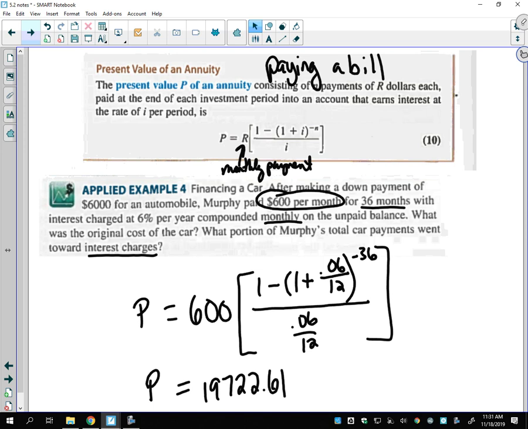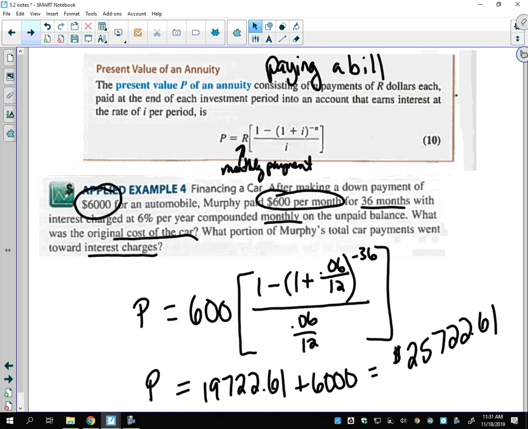What was the cost of the car? Well, this isn't the cost of the car because he also put down a down payment of $6,000. So we have to add $6,000 to that to get that the cost of the car was $25,722.61. Well, that's not true, actually, because that's how much money he paid for it, right?